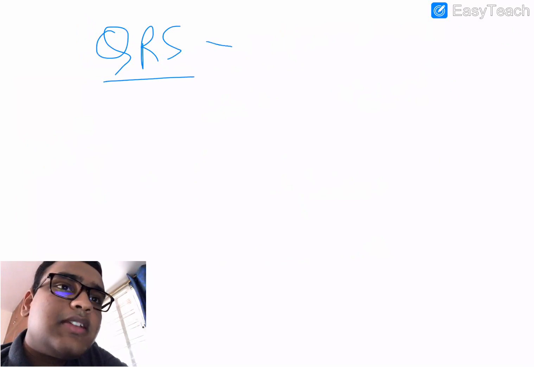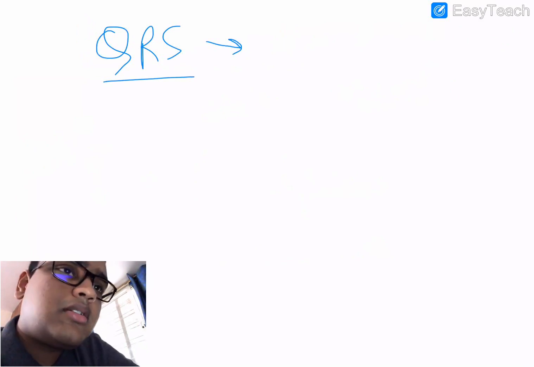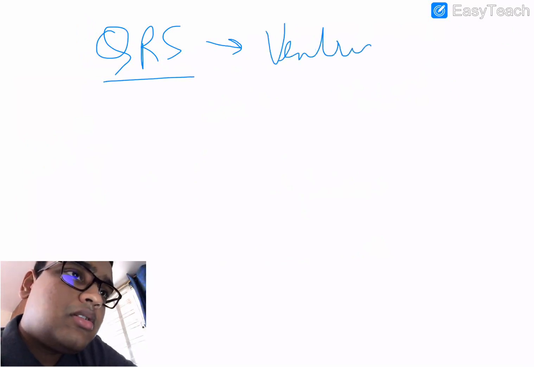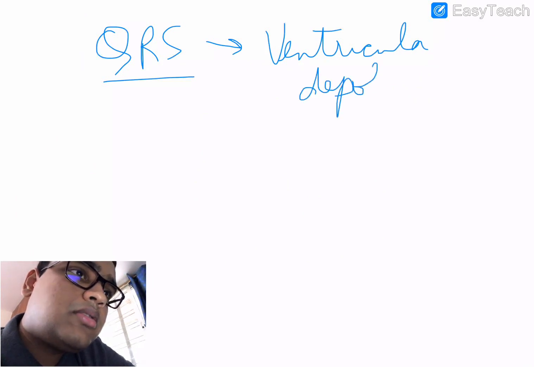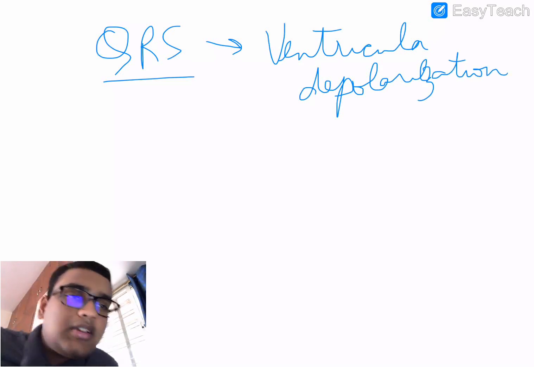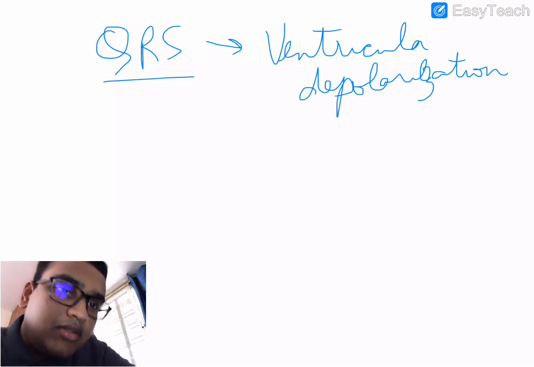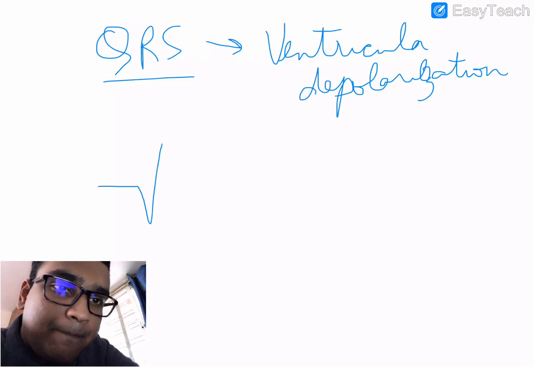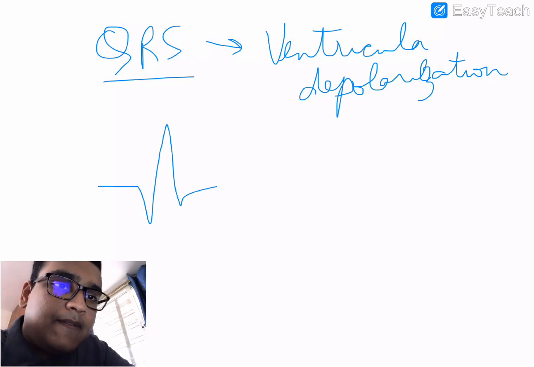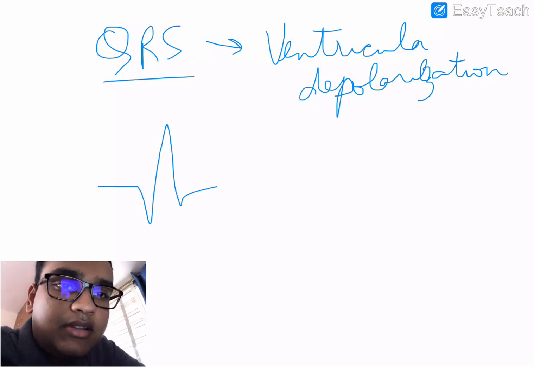The QRS complex represents ventricular depolarization. So you have to know what this QRS complex is. The initial downward deflection is the Q wave.